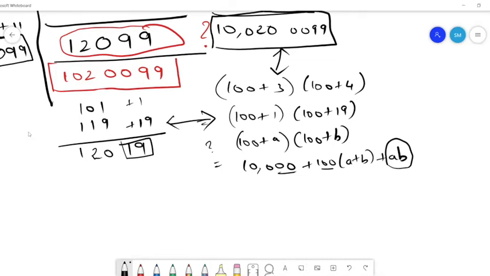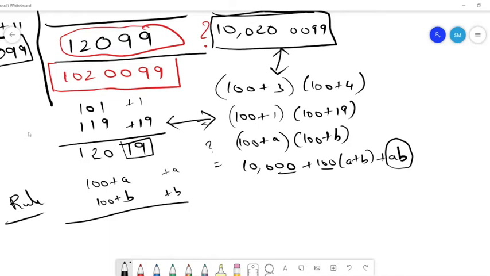So basically, if you are having 100 plus A into 100 plus B, then according to our rule, what do you write the answer as? The units and tens is AB, and we've got A plus B taking the hundreds and thousands place, plus, if there is any carryover, it will then go to the 10,000 place.